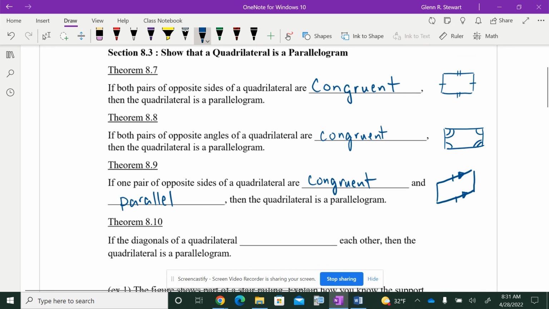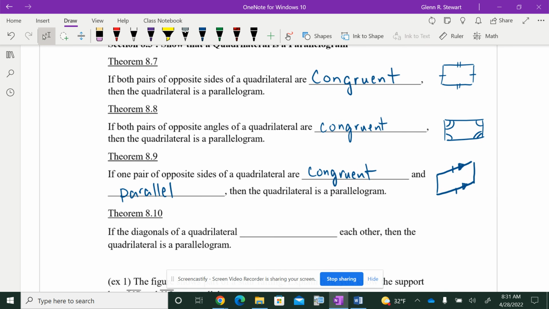And then the last one here, theorem 8.10: if the diagonals of a quadrilateral bisect each other, we did a lot of this in our warm-up today, then the quadrilateral is a parallelogram. So right there are some different ways to tell.